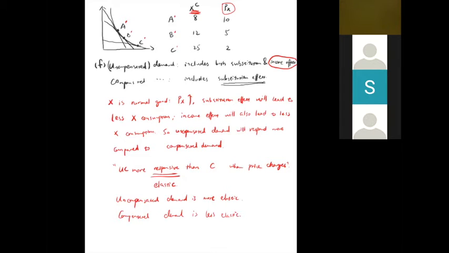And then for part G, suppose Px changes from 5 to 2 when Py equals 5 and I equals 80. What is the substitution effect, income effect, and total effect of the price change on the consumption of good X and good Y?